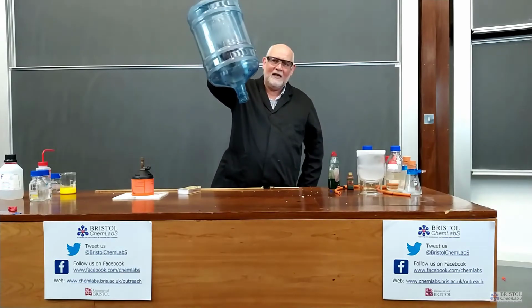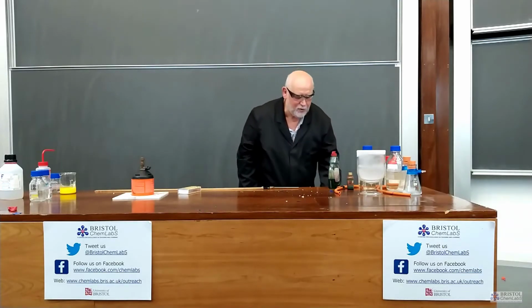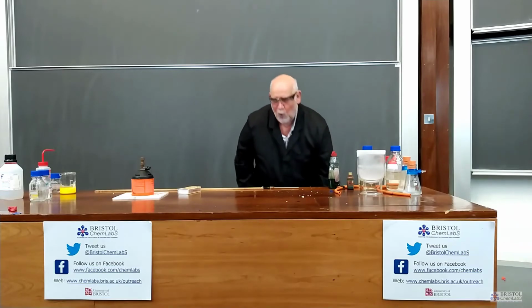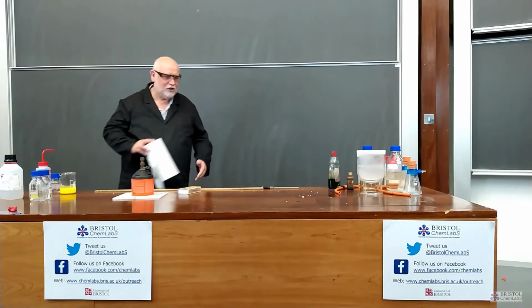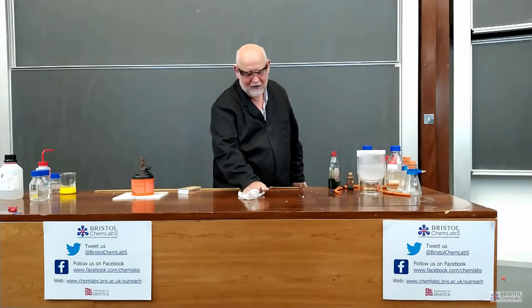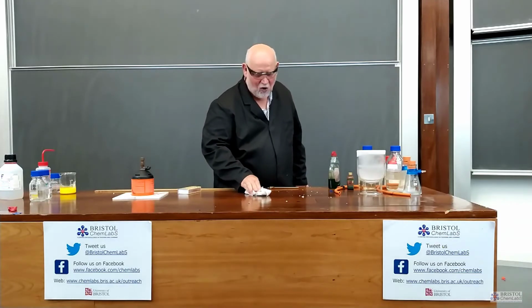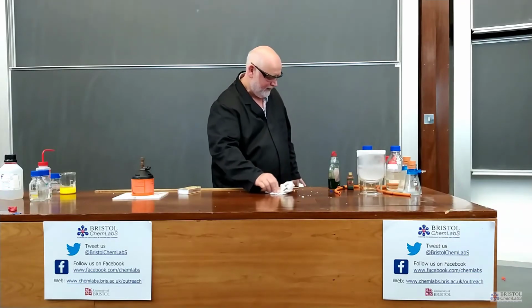You saw me empty the container earlier. When you burn a fuel, you produce water. Most fuels are made from carbon and hydrogen compounds. The carbon becomes carbon dioxide, the hydrogen adds oxygen to it, becoming H2O, water.